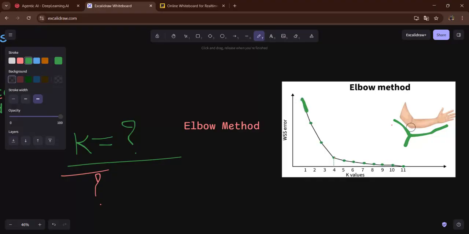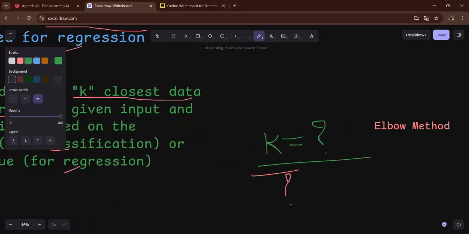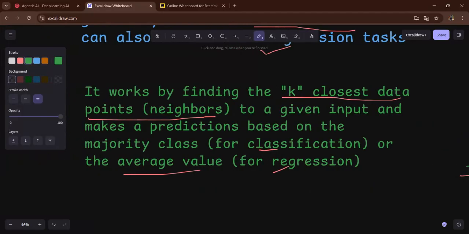In this graph the elbow occurs at point 4, so our k should be 4. Likewise, the elbow method helps us decide the k value.